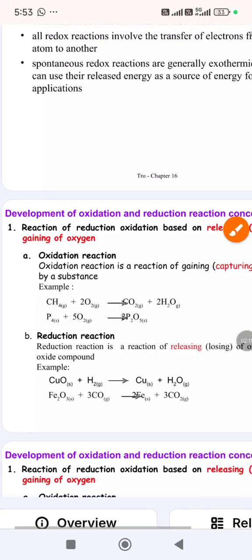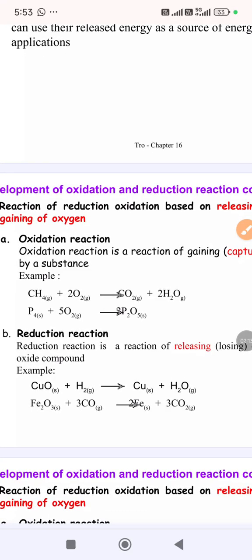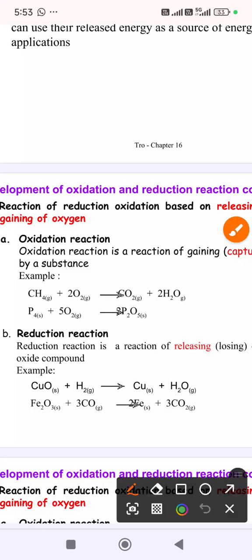The first reaction given here is CH4 reacting with oxygen. CH4 is methane. Methane reacts with oxygen to give carbon dioxide and H2O, water. In this reaction, CH4 is changed to CO2, meaning carbon has lost its hydrogen and is gaining oxygen.